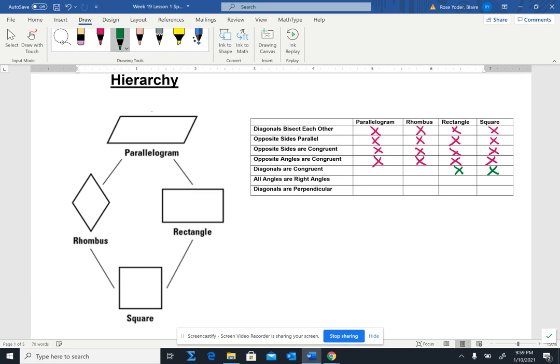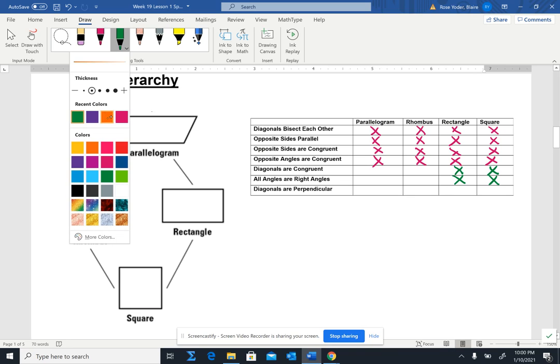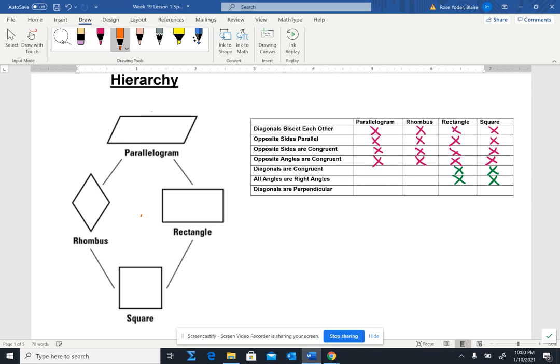All right, how about all four angles are right angles? This is actually one that you've known forever. Rectangles have all four angles as right angles, so automatically its child, the square, has four right angles also. All right, one more feature to explore. Diagonals are perpendicular. That was true in our rhombus exploration.